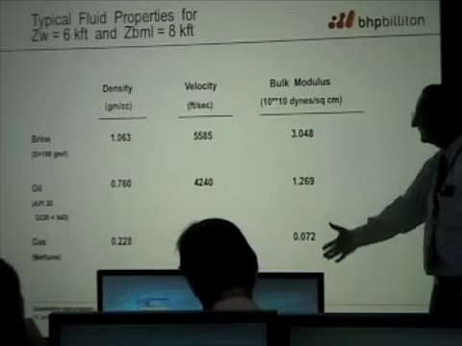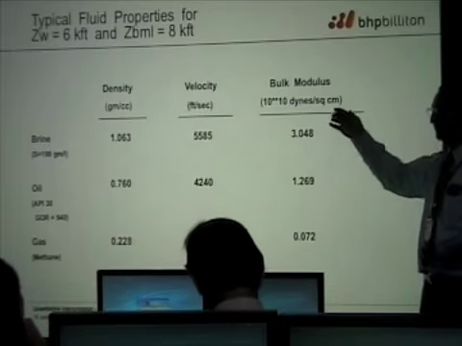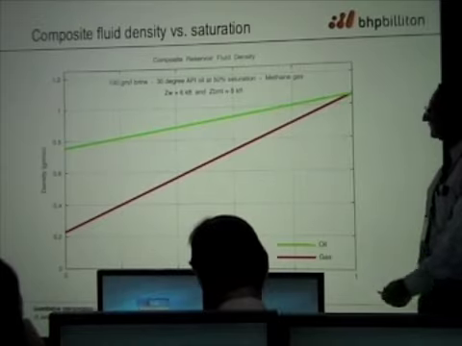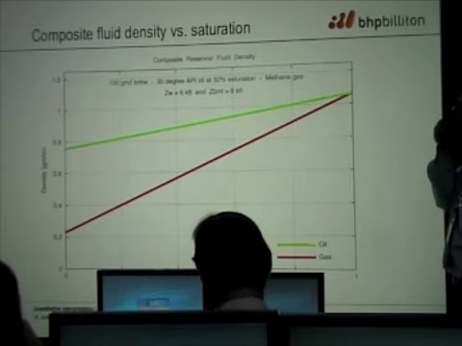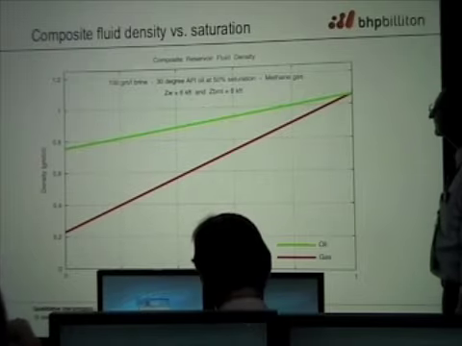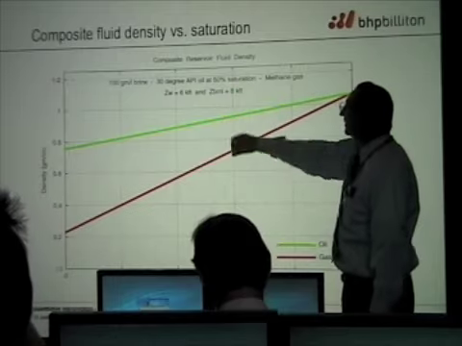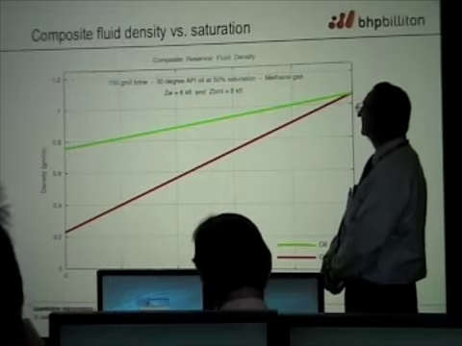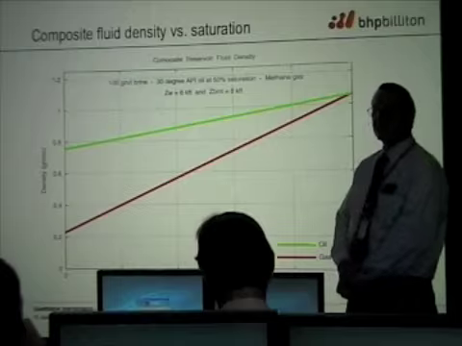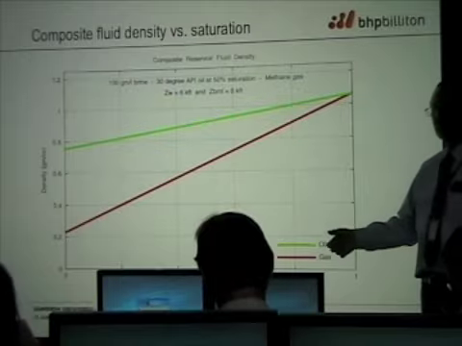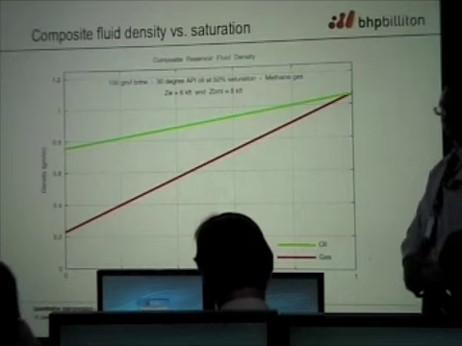Let's look at what happens with this suspension formula when we put things together. So here's the density. This, by the way, this 940 cubic feet per barrel oil is about 50% of saturated oil, oil which in the ground, at those reservoir conditions, would be saturated with dissolved gas.